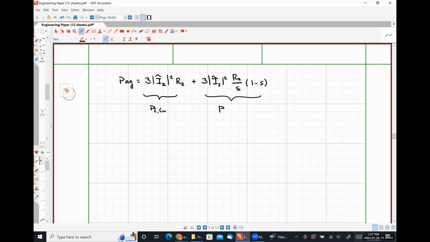And this bit right here is the mechanical power delivered to our rotor.